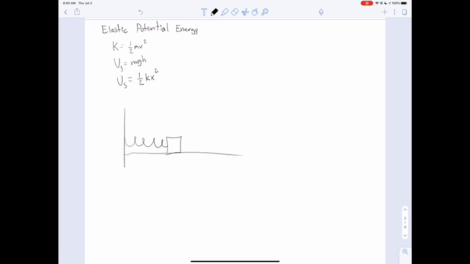So when x is equal to 0, you can see that elastic potential energy is also going to be equal to 0, because if you plug in 0 for it, there is no displacement. But if we grab this system and we stretch it to its maximum displacement, or its amplitude A, where x is equal to A, then we're going to have the maximum possible elastic potential energy.